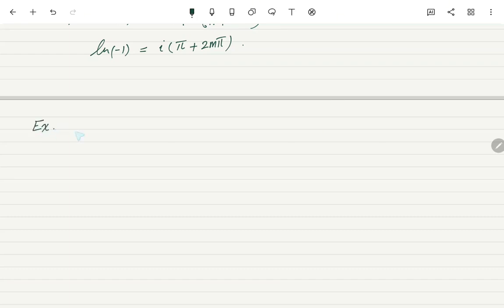Example, find ln 1 plus i, and again let's put 1 plus i in polar form. r in this case it's equal to square root of 2, theta it's equal to pi over 4. So 1 plus i equal to square root of 2 e to the i pi over 4 plus 2m pi.